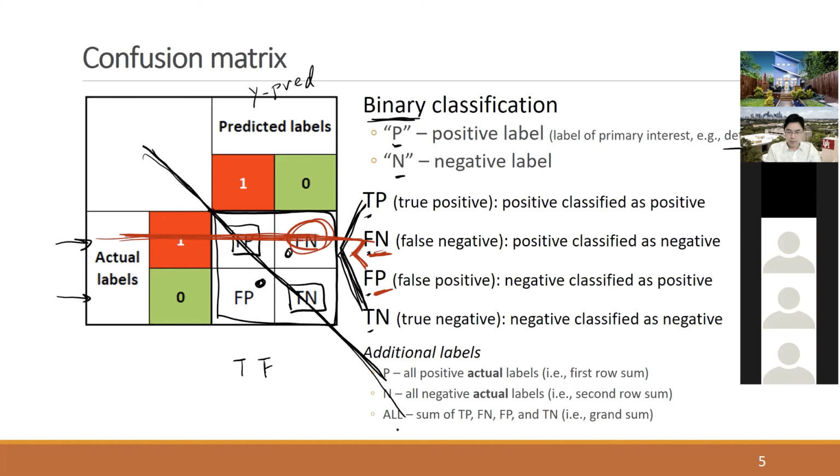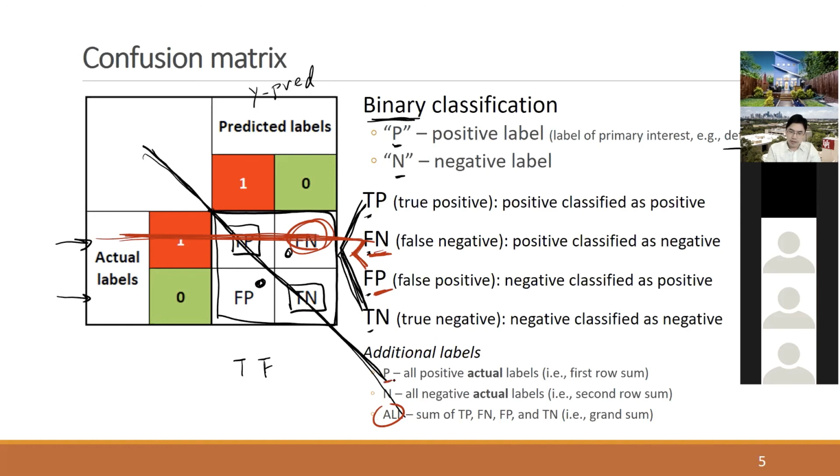A lot of times we need to divide a confusion matrix cell by some total. There are three kinds of total here. There's a grand total, grand sum, which includes all four labels. When you add the four together, it's the number of rows in the set.